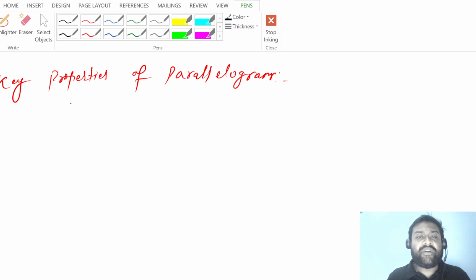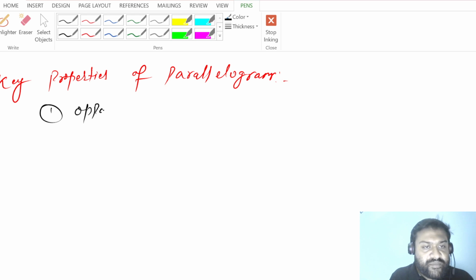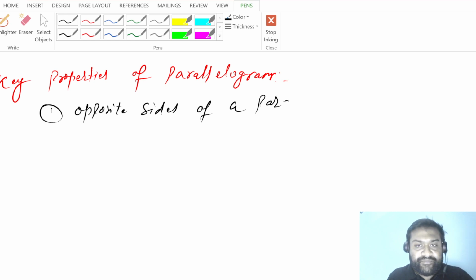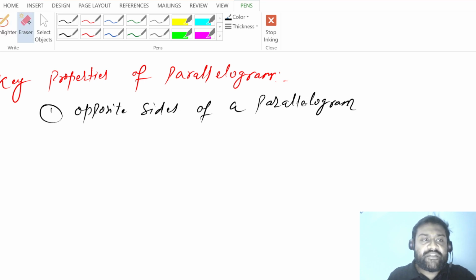First, we have opposite sides of a parallelogram.